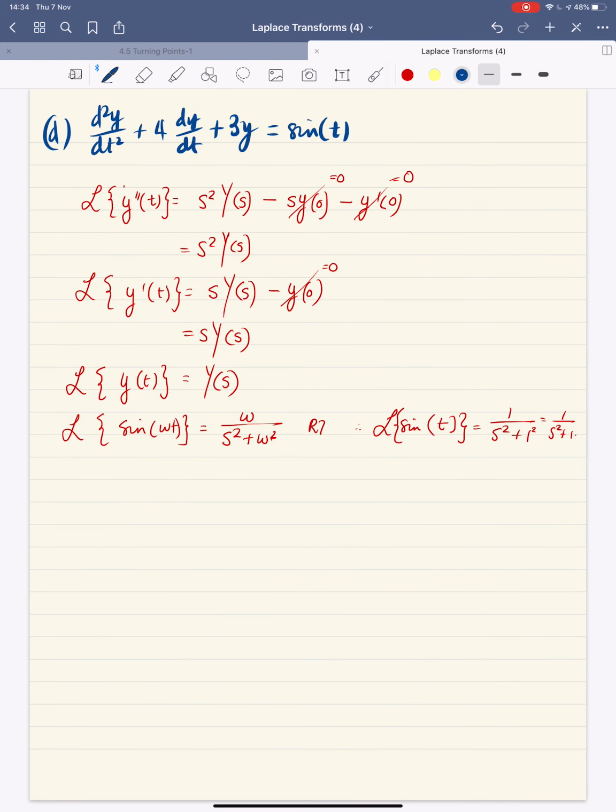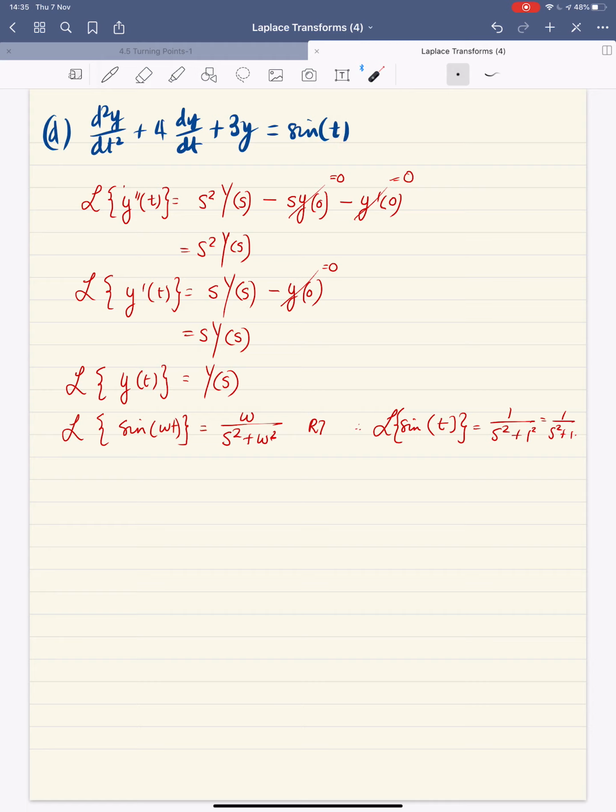Okay, so what's here? That one is the rule from inside the pink box. I've got no initial conditions, so those bits are 0. Again, this is from the pink box, this bit's 0. And that one we've had before, so all that's on every page. It's just whether or not you've got any initial conditions that will change things here. Here we've got sine t on the right-hand side.